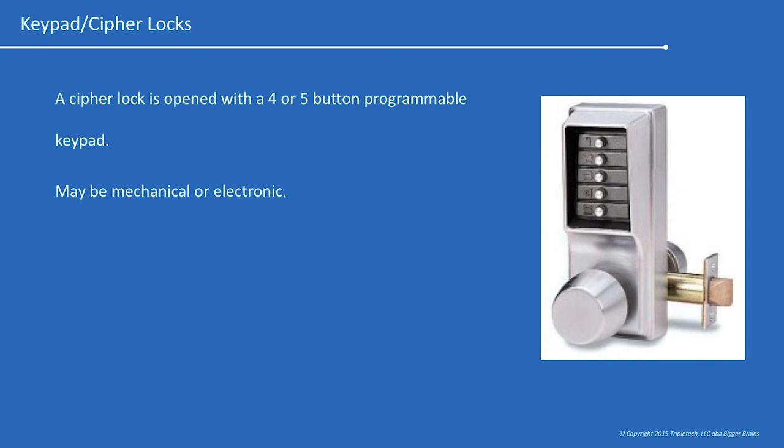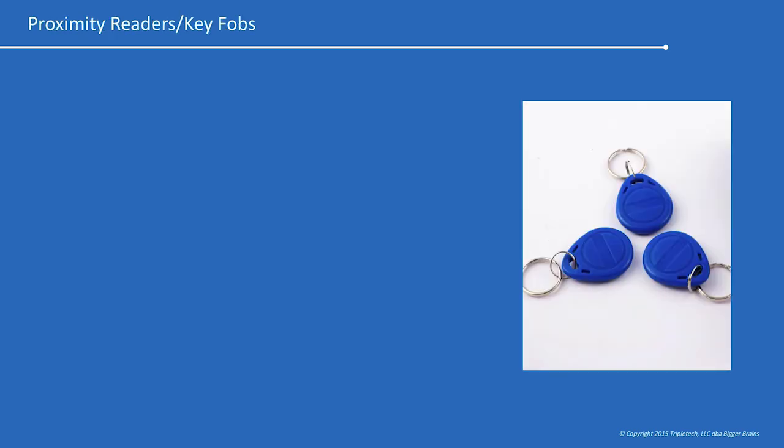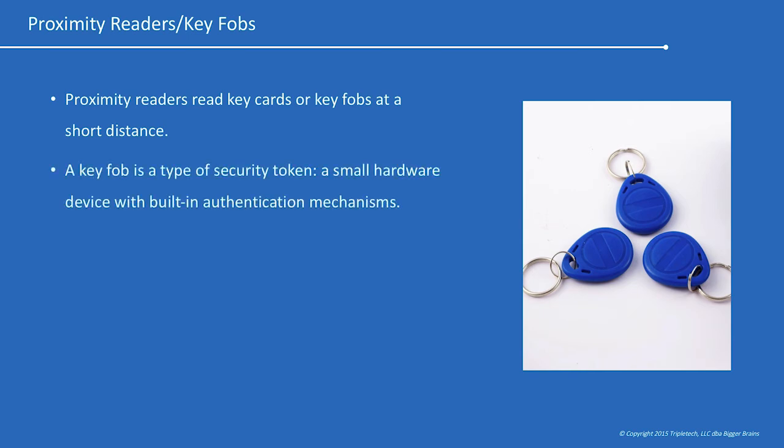A more advanced mechanism is the proximity reader and the key fob. In this mechanism, you have individual key fobs that are assigned to users, and as they approach the door, the proximity reader reads the key fob and allows entry. The key fob itself is a type of security token. It's a small hardware device with built-in authentication mechanisms. You can use them for doors. There are also situations where you would use them to authenticate a computer or to verify your ID at a computer in a multi-factor authentication sort of scenario.